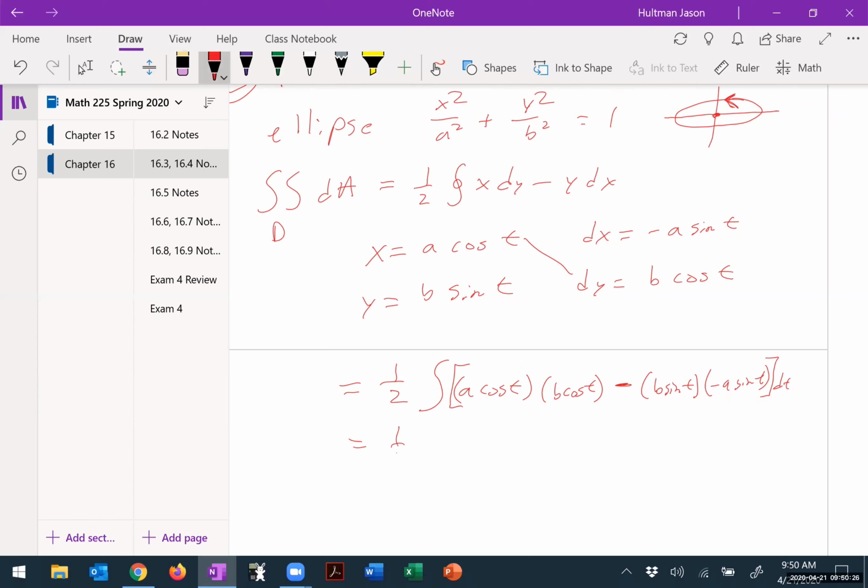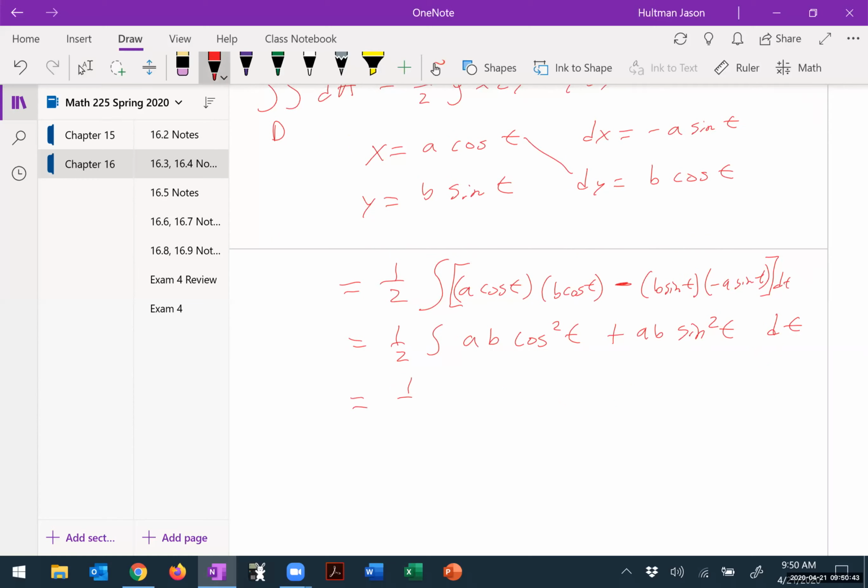So what is this going to equal? Well, this is going to be equal to ab cosine squared t plus ab sine squared t. You might be able to see where this is going.